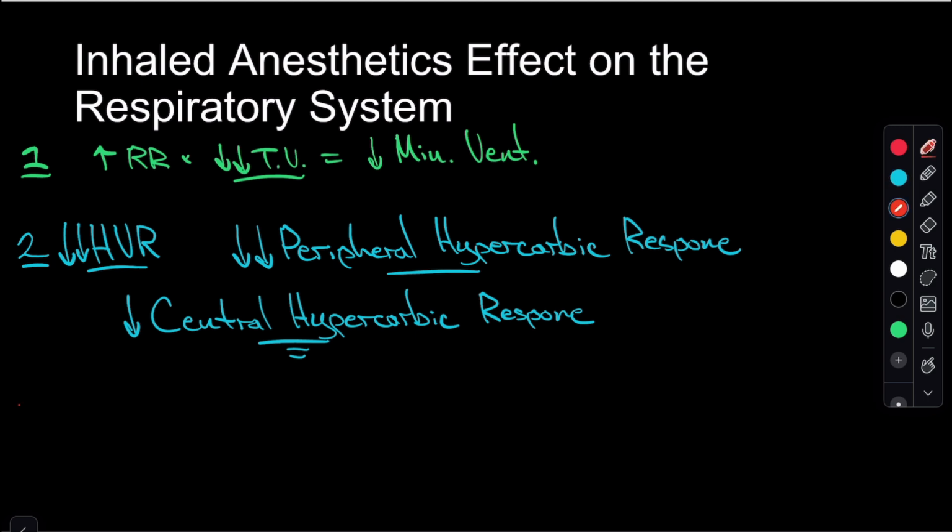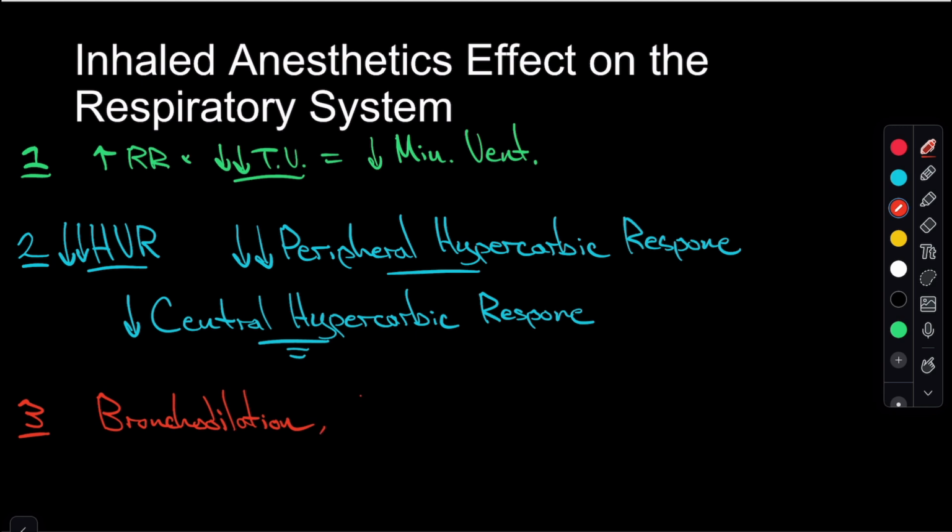And then finally, the third effect that inhaled anesthetics have on the respiratory system, I consider this kind of a miscellaneous category, but one of these is going to be bronchodilation. Sevoflurane is the best at bronchodilating. This is useful in a patient who is having an acute asthma exacerbation.